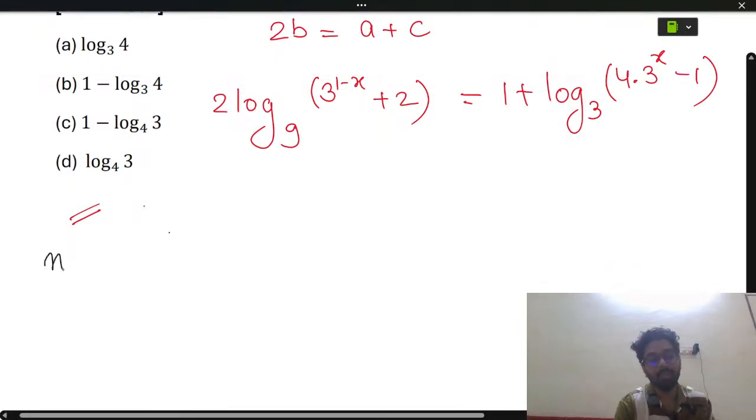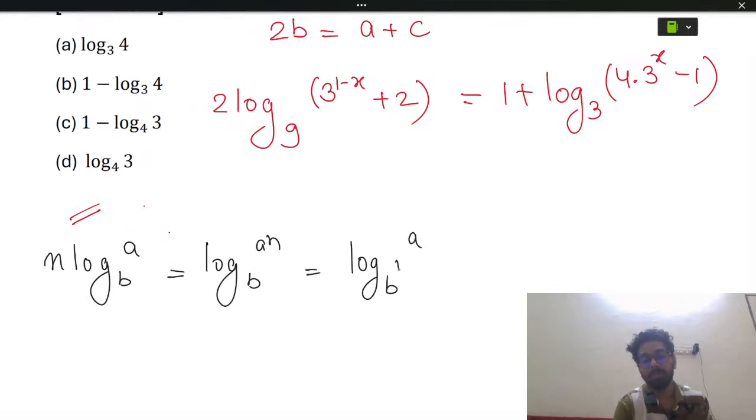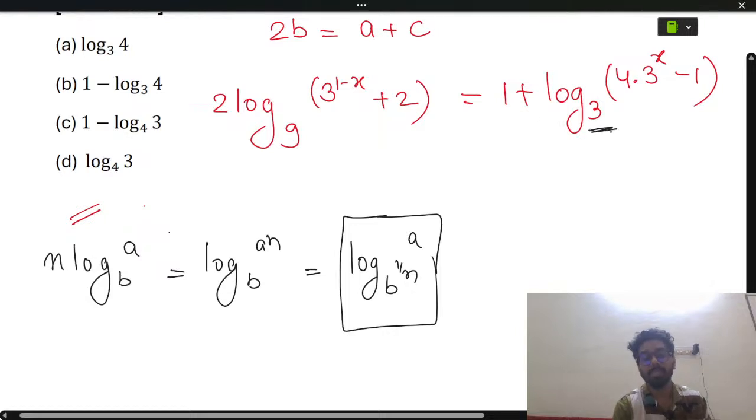So log properties, when we are having log ln a to the base b, I can also write down this as log a power n to the base b, or I can write down this as log a base b to the power 1 by n. And that's what I am going to use over here. Why? Because log base is 3 over here.